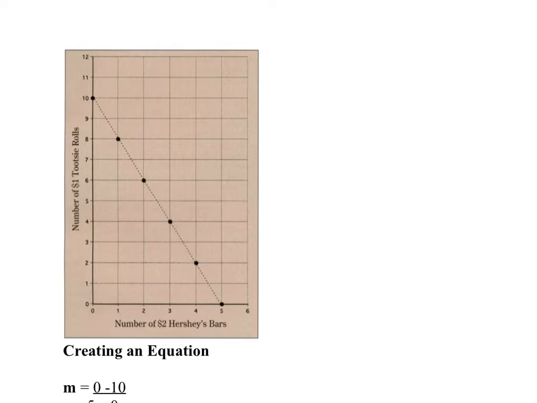So that's going to give us an ordered pair of 5, 0. Then we said if we wanted to buy only Tootsie Rolls, then we could buy 10 of them and no Hershey's. So they were able to go on and graph this as 8 and 1, or they could buy 6 and 2, or 4 and 3, or 2 and 4, and of course 5 and no Tootsie Roll Pops.